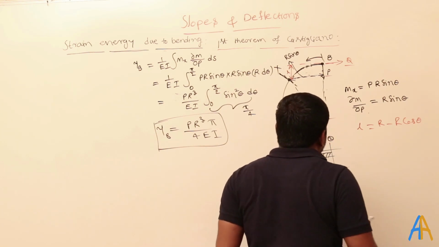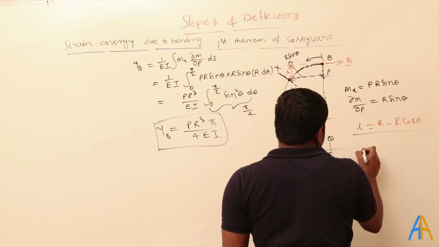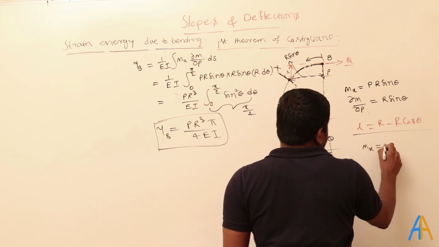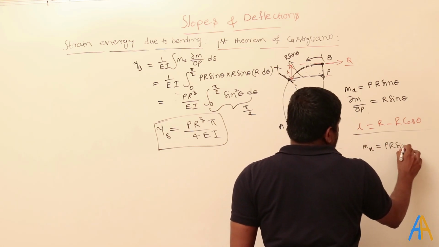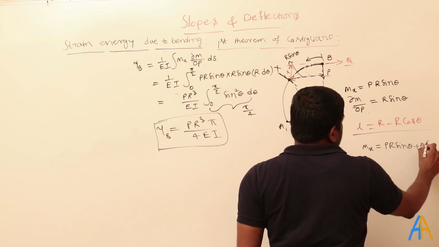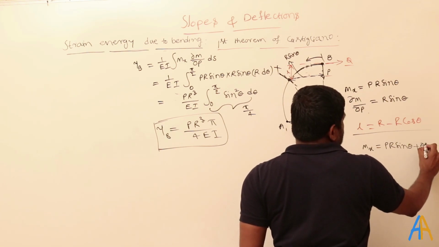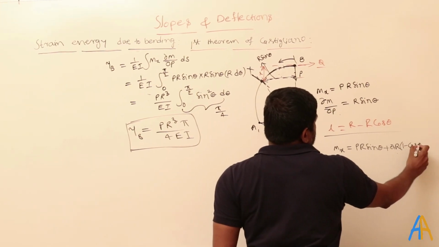Then the moment, because of P and Q, Mx will become PR sin theta plus Q into QR. I will take the common QR into 1 minus cos theta.